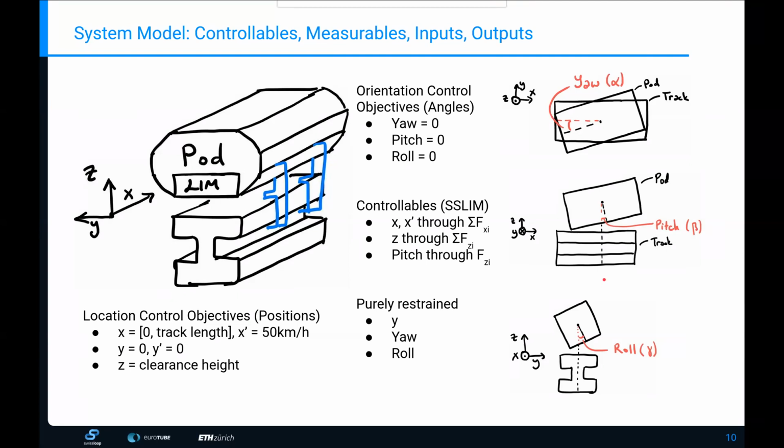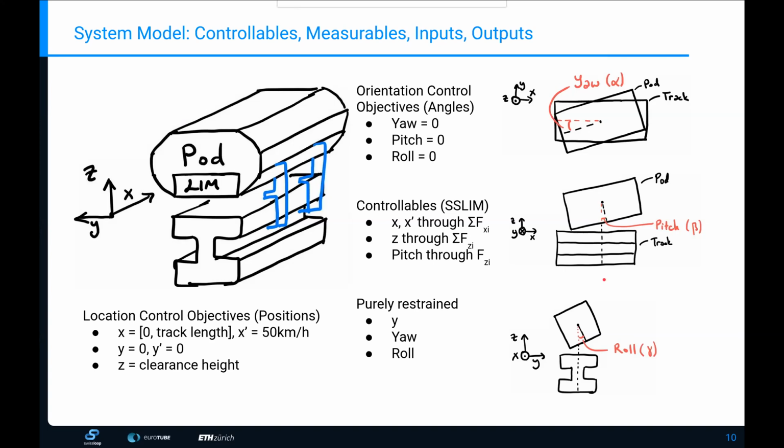And in this case, probably the hardest thing, if we are still using the mechanical restrictions and our usual single-sided limb with divided pole pairs, is the pitch angle, because it really depends on setting the center of gravity of the whole pod really accurately and knowing that.